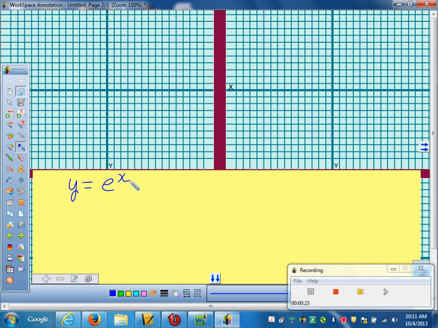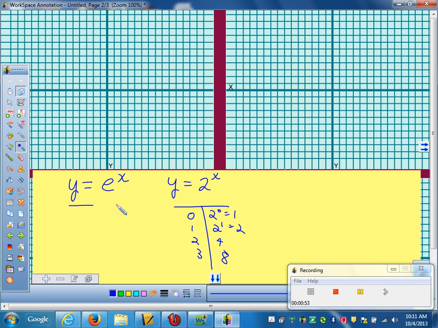Well, let me ask you this: how did you graph 2 to the x? To find some points to plot, on 2 you could actually go up to 3. 2 to the 0 was 1, 2 to the first was 2, 2 to the second was 4, 2 to the cube was 8. We plotted those points.